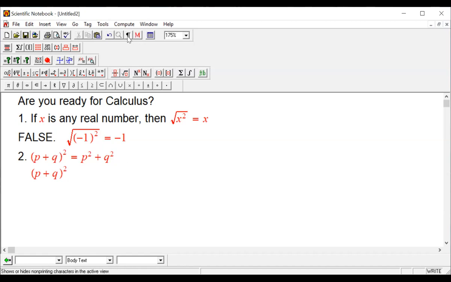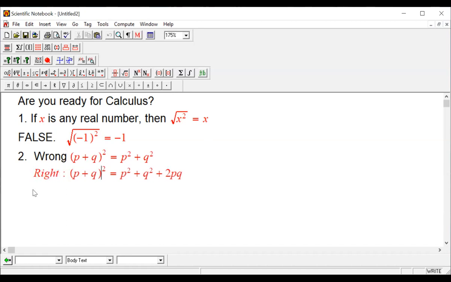So (p plus q) squared is equal to p squared plus q squared plus 2 times pq. Okay, so this is wrong, and this is right. Okay, so how do we show it? It's just a FOIL, right? FOIL this piece.